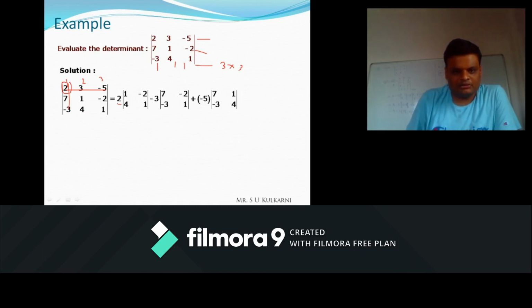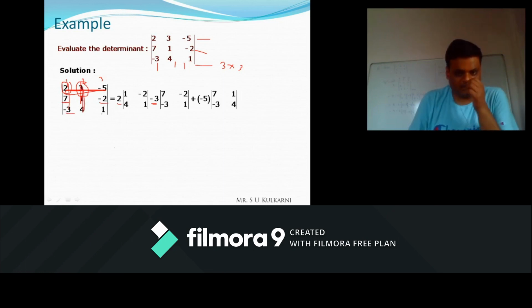Now the second element with a minus sign, here you can see minus 3. Now delete the row and the column in which 3 belongs. What is remaining is 7, minus 2, minus 3, 1.